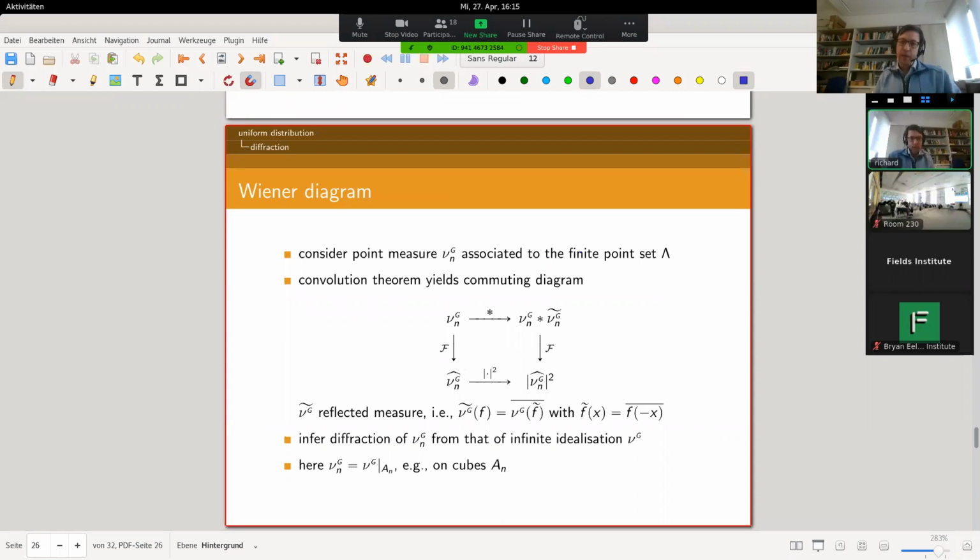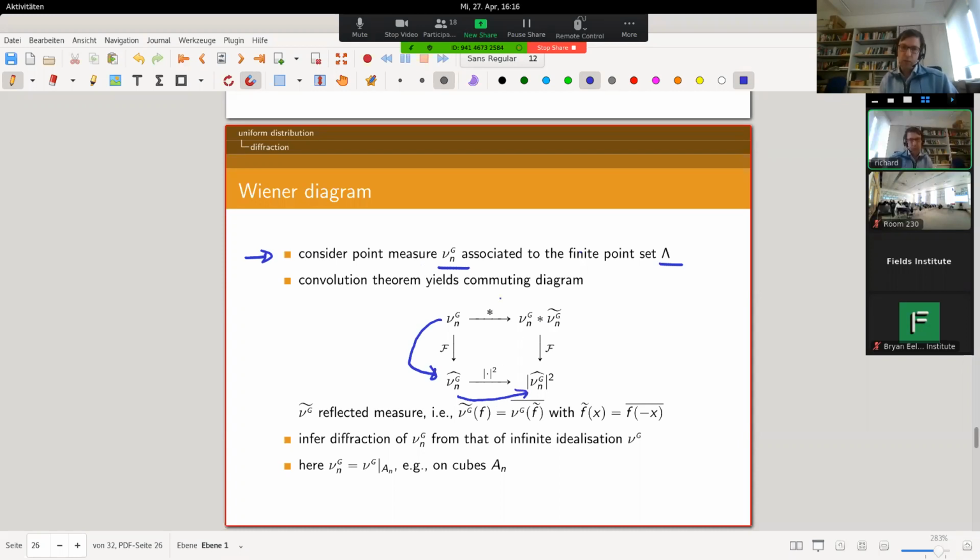Okay, so what you can do is you can describe this process. Daniel called this meaning of the autocorrelation in the following way. So you can consider a finite point measure associated with a finite point set lambda. And then you do the Fourier transform as before. This gives you a function then. In this function, you can take the absolute value squared here.